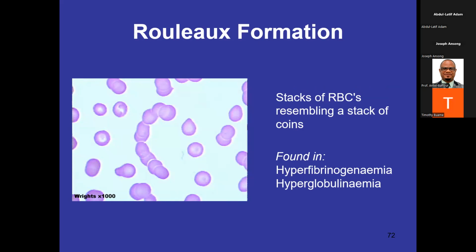This fibrinogen and globulin reduce the zeta potential between the cells and cause them to get stuck together. You can see it on the blood film. Besides hyperfibrinogenemia and hyperglobulinemia, we will also see this if the cell is too old, something like that on the screen.